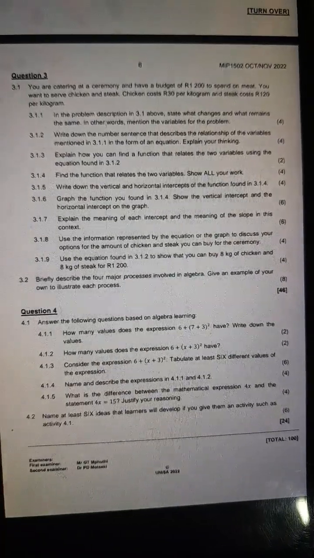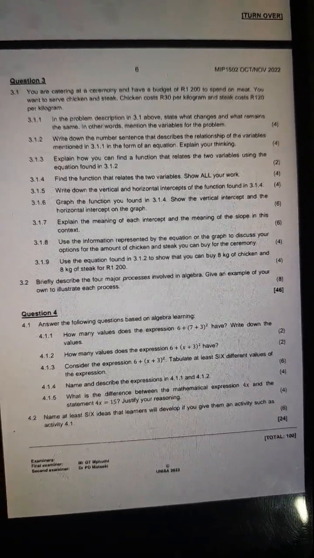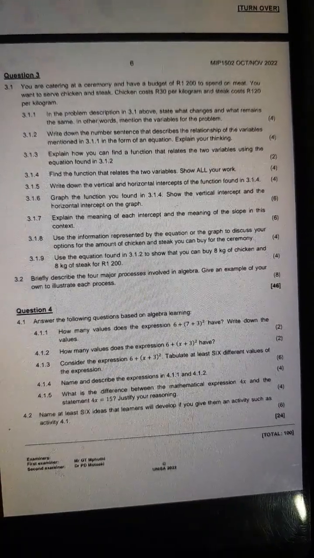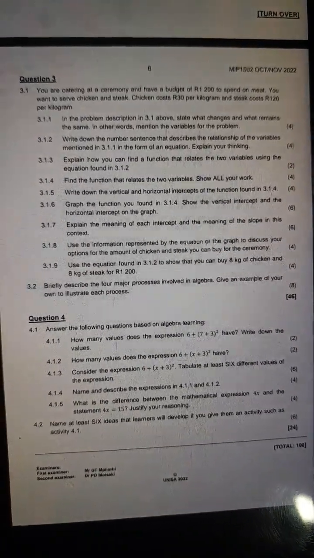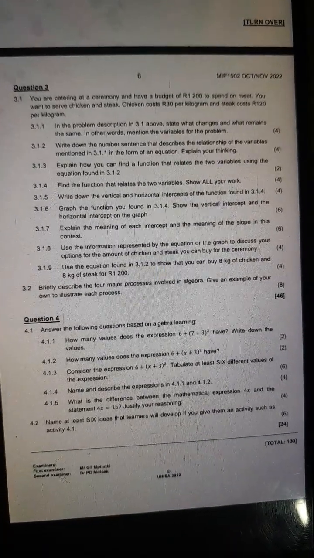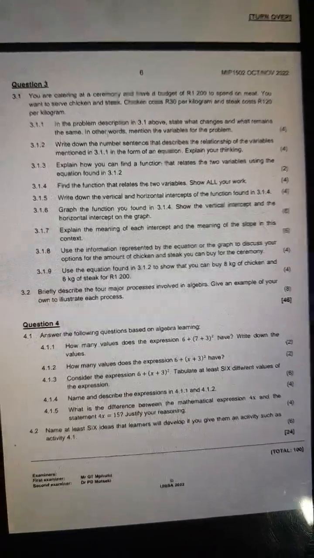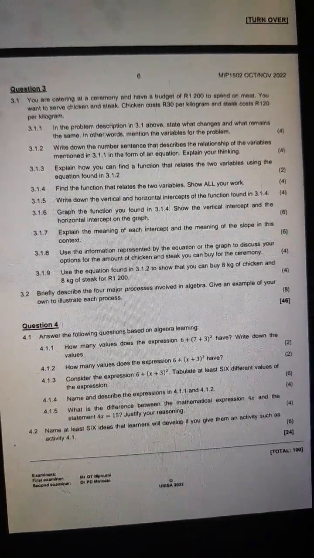Then there's a constant. So be able to work this out, right, guys? There was also knowledge of functions, because question 3 wanted you to do that. Because of time, I will not do everything, but I've done my best to help you guys.